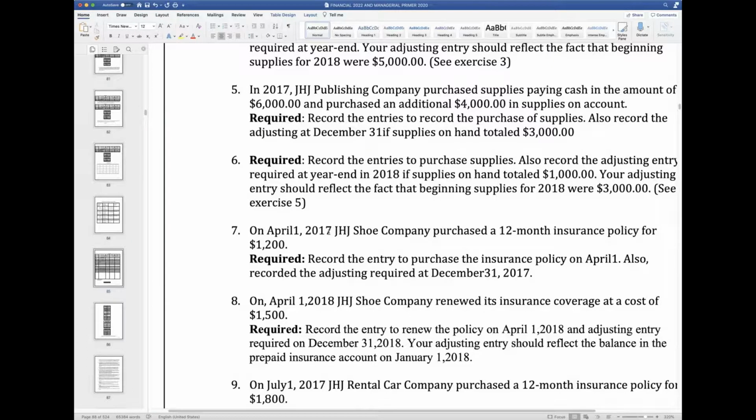On April 1st, 2017, you started a lease and you were paying $100 a month. So you paid $900. When you got to 2018, you could pay $100 a month again for January, February, and March. But in April, it jumped to $1,500.